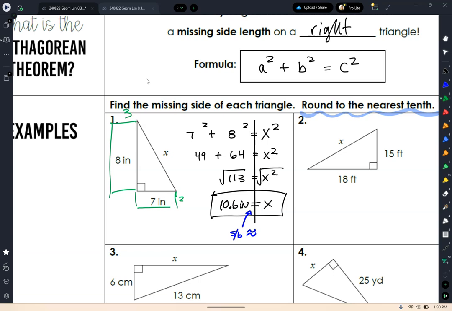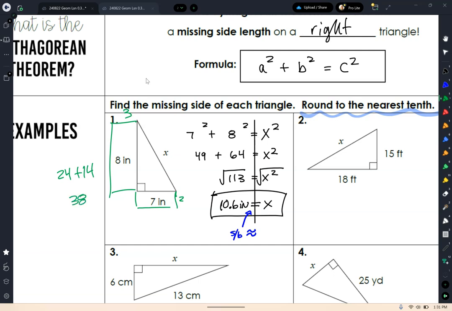So what's the area of this one here? We have an area of 24 plus an area of 14. So what does that equal for us? An area of 38.